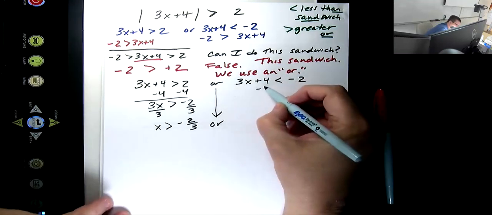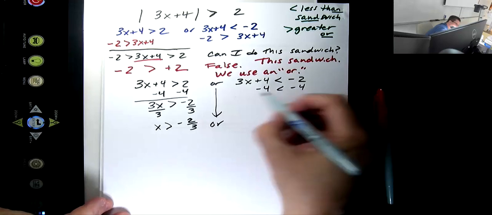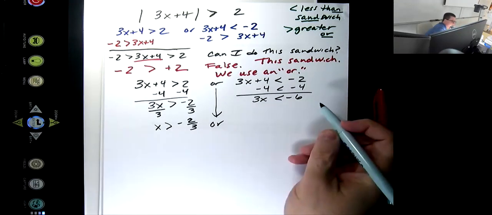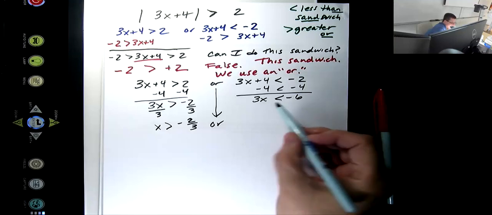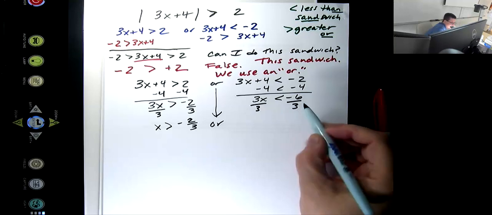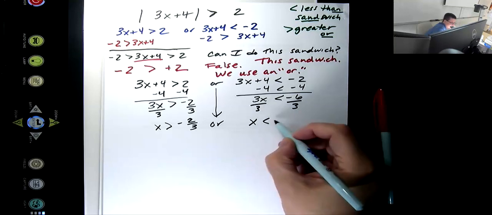On this side, I subtract 4 from both sides. Get 3x is less than -6. Divide by 3, and I get x is less than -2.